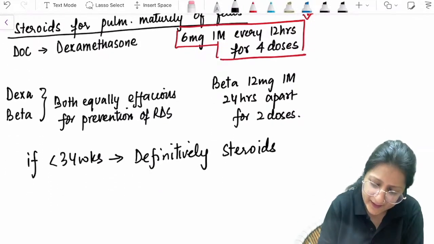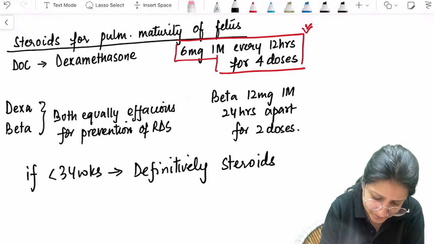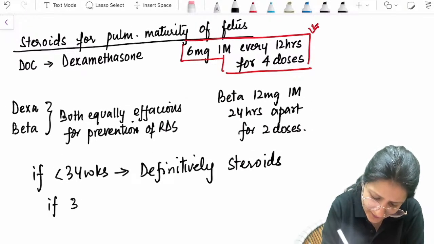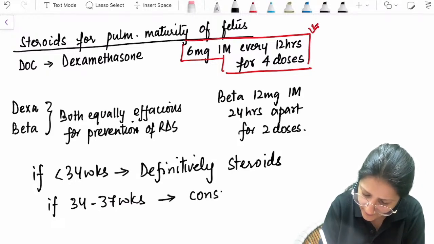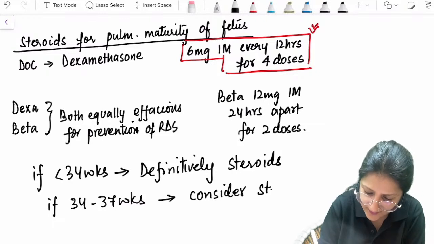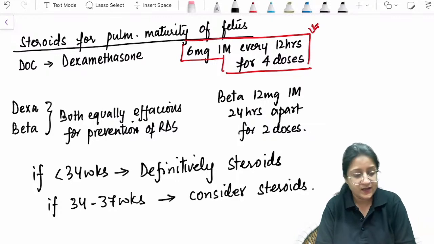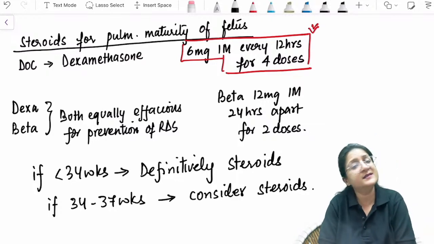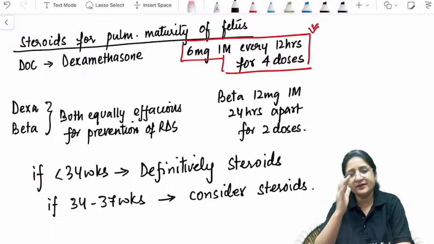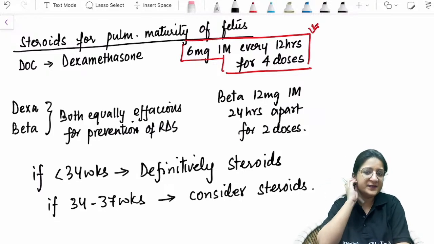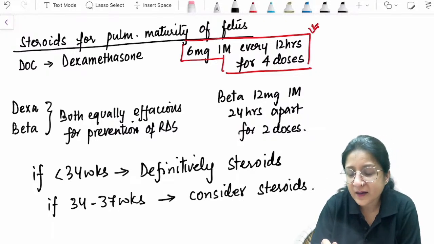Remember that. And now latest they are saying that if she is between 34 to 37 weeks, we consider giving steroids. So that is just the new change that is there. However, it is certain that before 34 weeks we should definitely give. If between 34 to 37 weeks, we consider steroids case to case basis. Okay, keep that in mind.